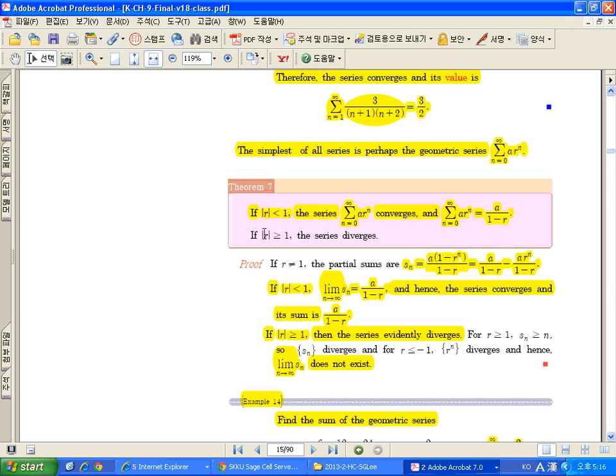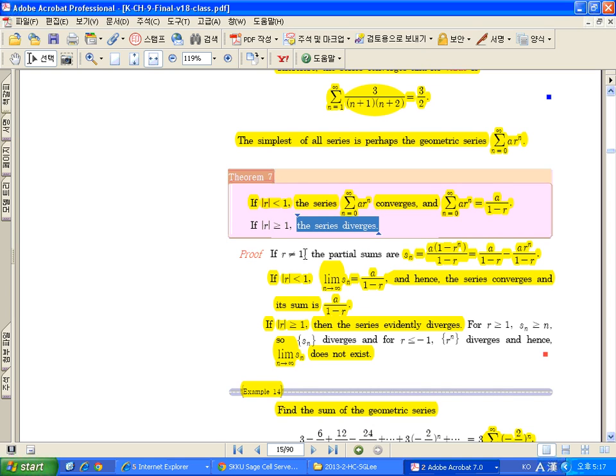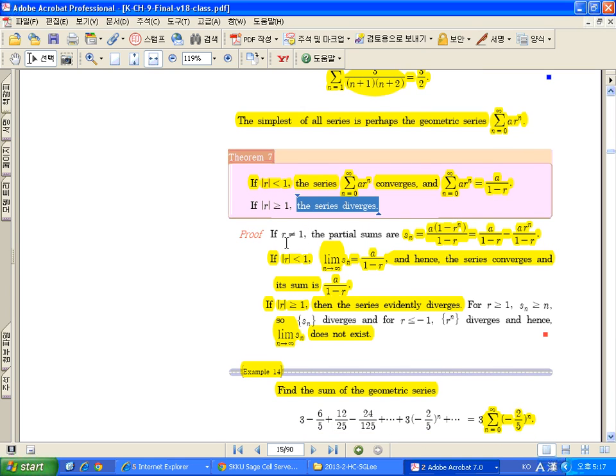But if the absolute value of r is greater than 1, then the series diverges. You know how to find it. When r is not equal to 1, then Sn can be written this way. If the absolute value of r is less than 1, then r to the n goes to 0, so eventually we have the first term over 1 minus r.